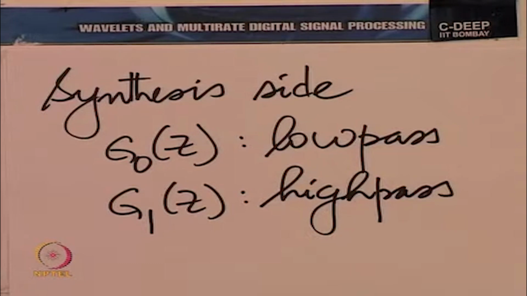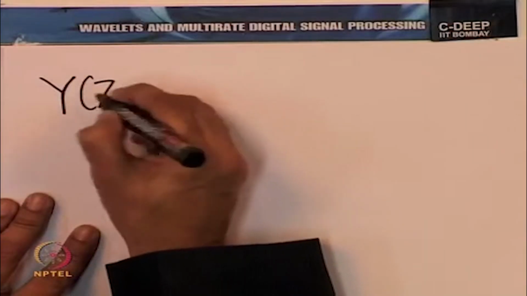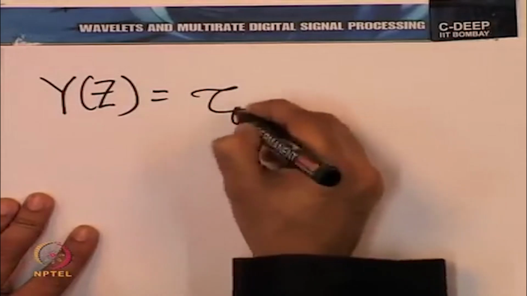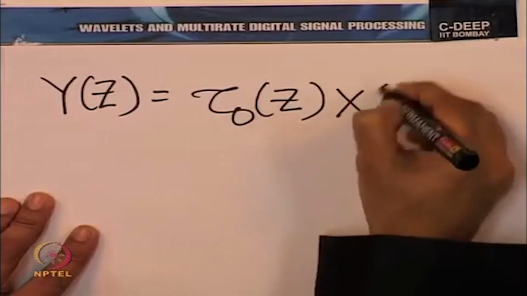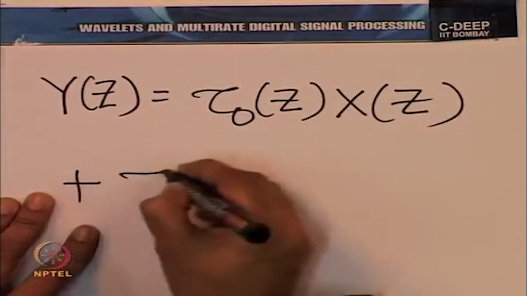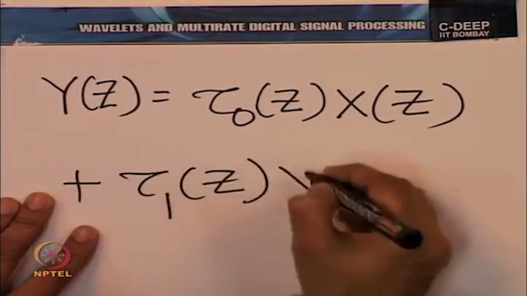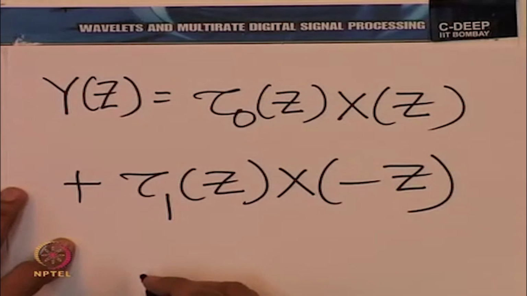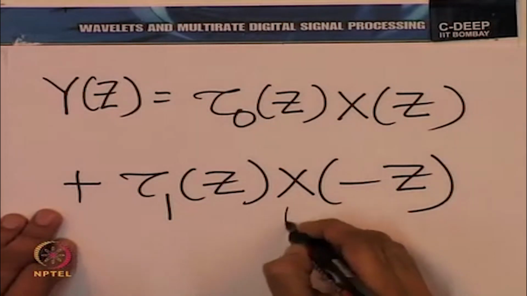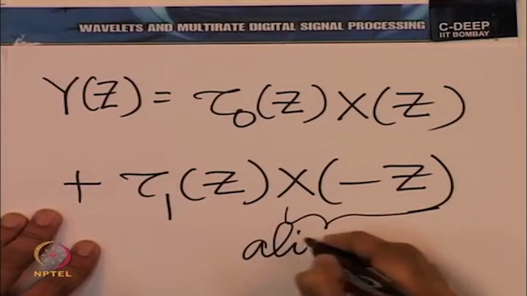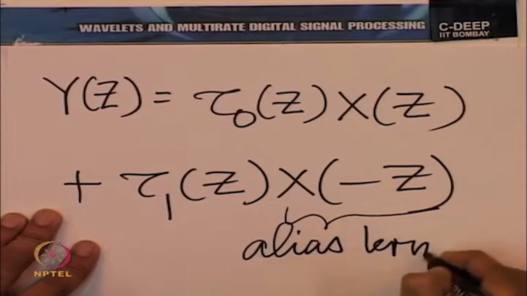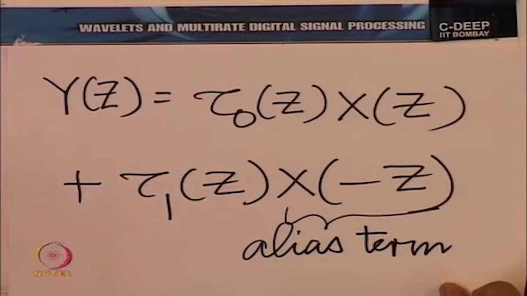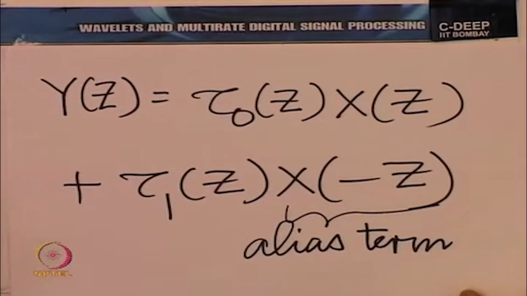We have Y z is tau 0 z X z plus tau 1 z X of minus z. And recall that we had called this the alias term, and therefore, tau 1 z was called the alias system function.